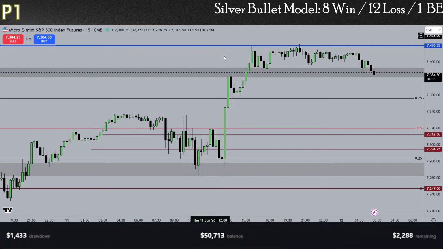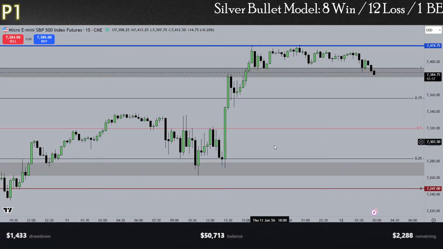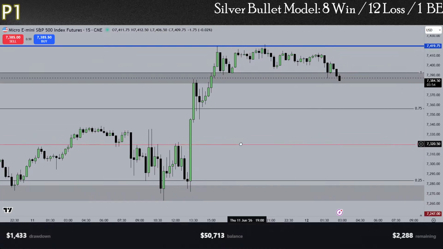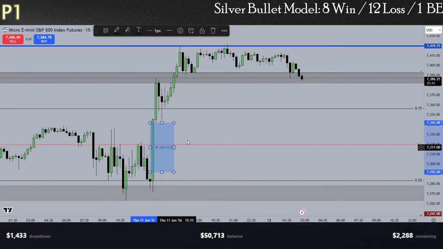Let me clear up some lines here that are no longer useful. All right, so this is the daily volume imbalance here. That's the key primary PD array that we will be working with. Based on 15-minute, we have this large BC right there.